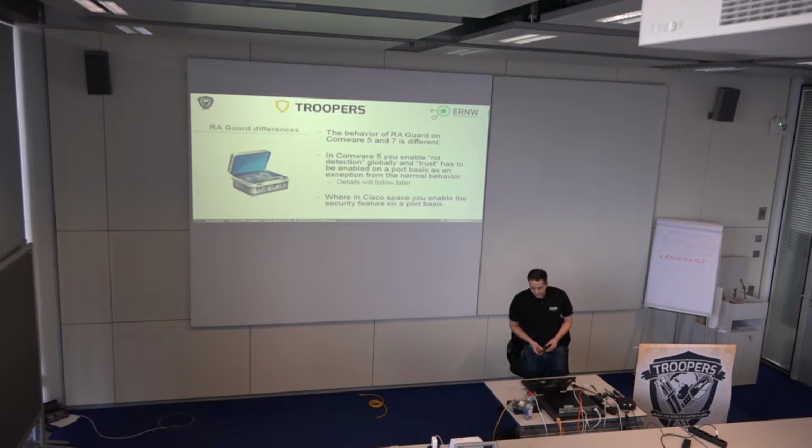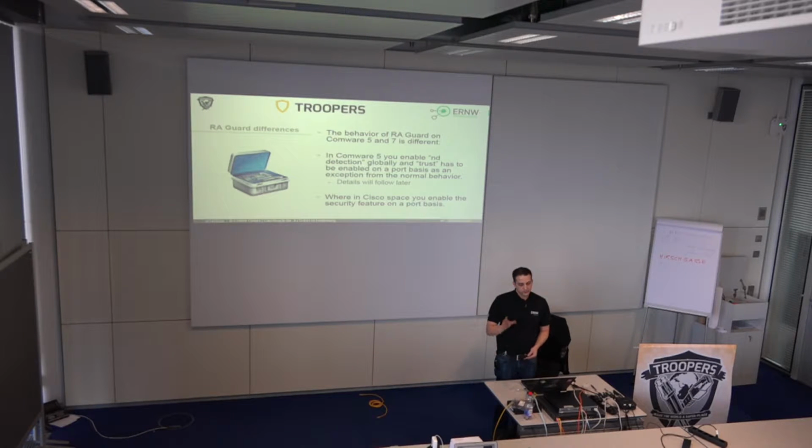So as I said, there's a little bit of difference in regards to the behavior and in the configuration of our RA guard. In CommWare 5, you have to enable this ND detection mechanism or feature globally, and then you have to apply the trust state to a dedicated port where your typical router is connected.